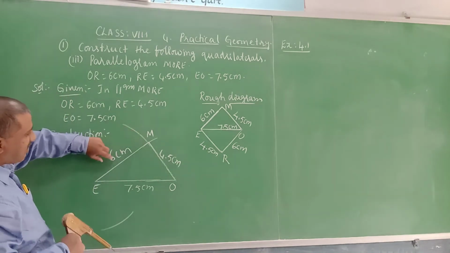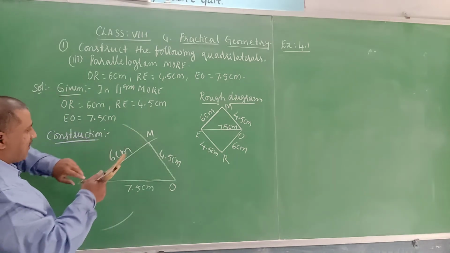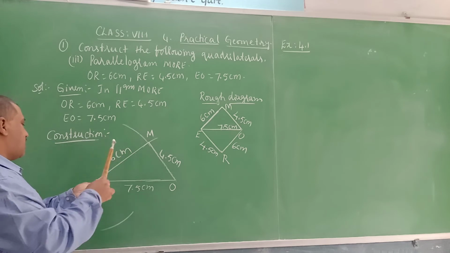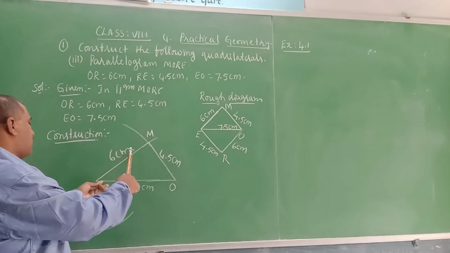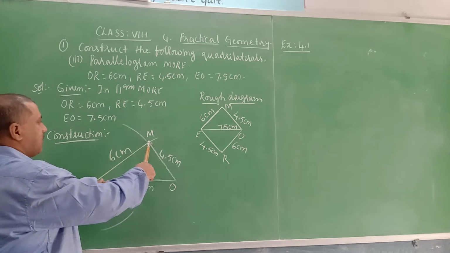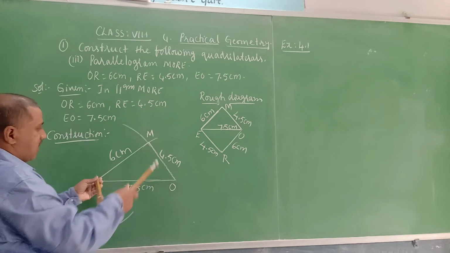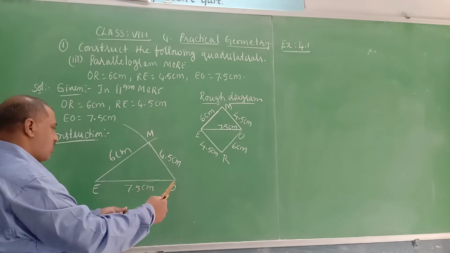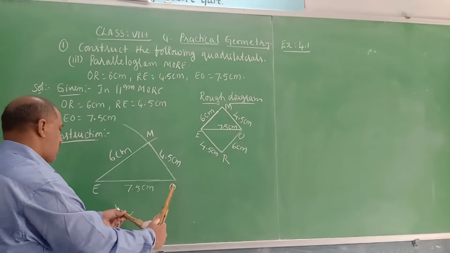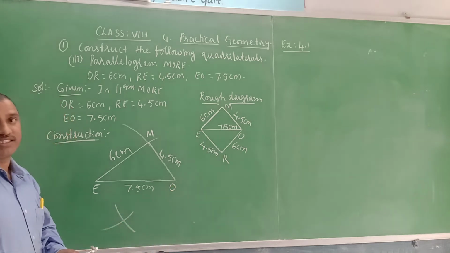How much is this, children? ER is 6 centimeters, so you can use this line segment which is 6 centimeters. Now from point O, draw another arc. It intersects the previous arc.